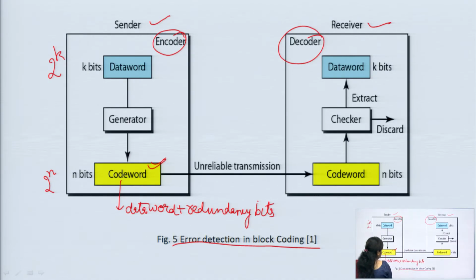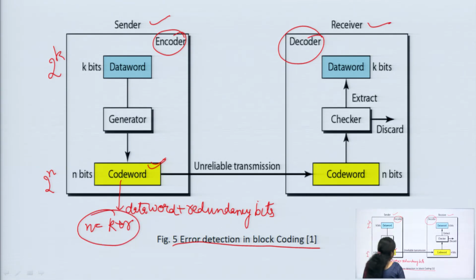So, this will be k plus r, n is equal to k plus r, this will be the code word. Now, through this unreliable transmission, because we do not rely on the link that has been set up between the transmitter and receiver, it will be applied to the receiver side and this is the code word that we are having.